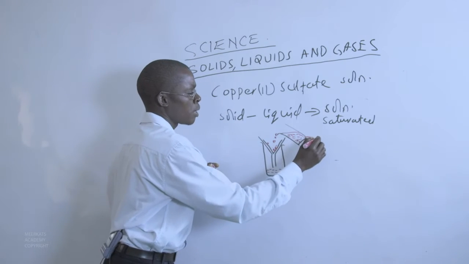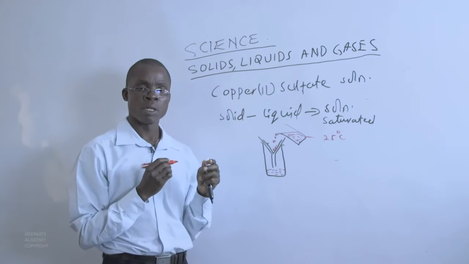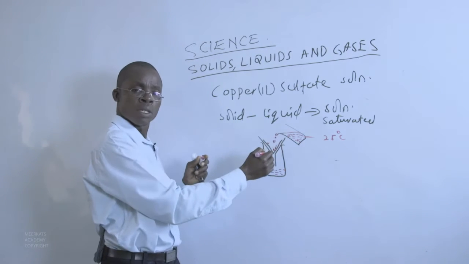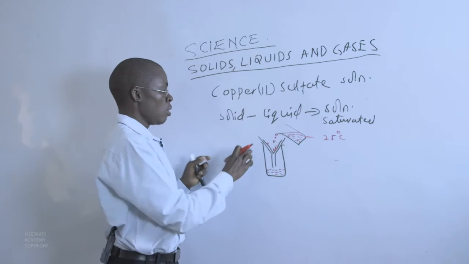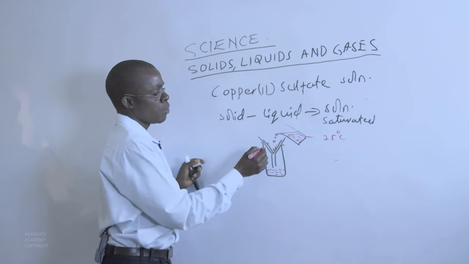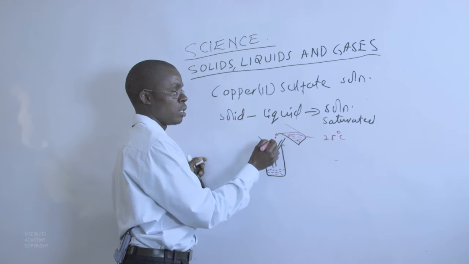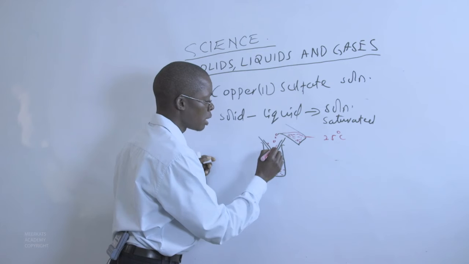Maybe the solution was prepared at 25 degrees centigrade. But on pouring on this filter paper, which is cold, in this filter funnel, which is cold, the temperature of the solution, which is saturated, was lowered. Let's assume it has been lowered.